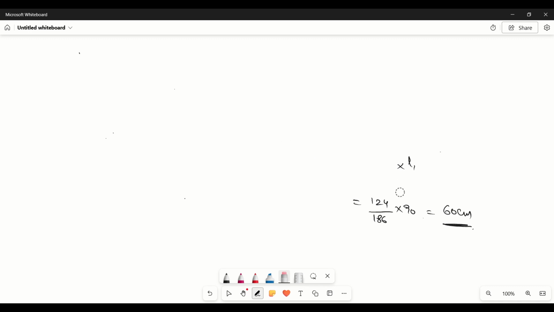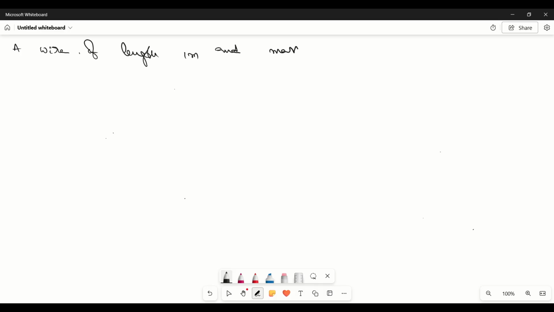Observe the next question. A wire of length 1 meter and mass 20 gram is stretched with a force of 800 Newton.